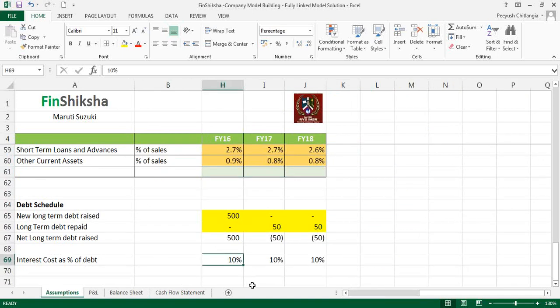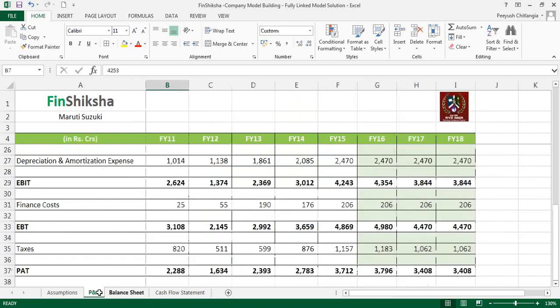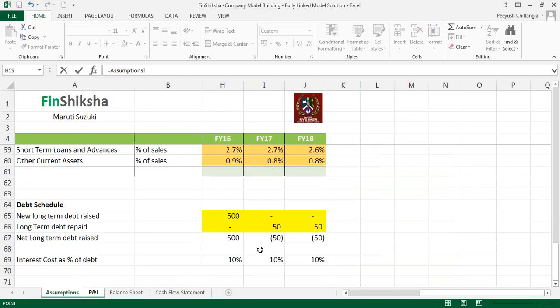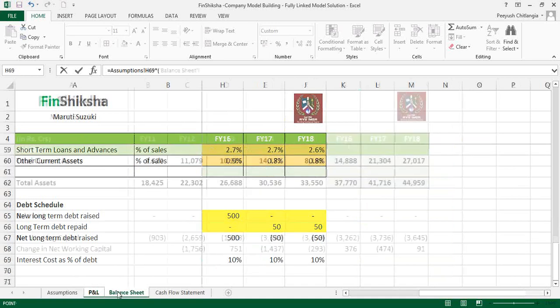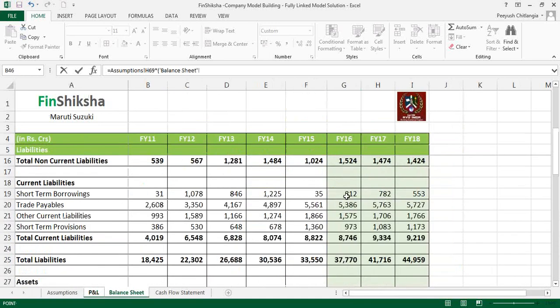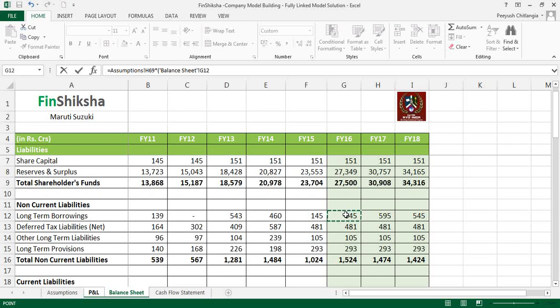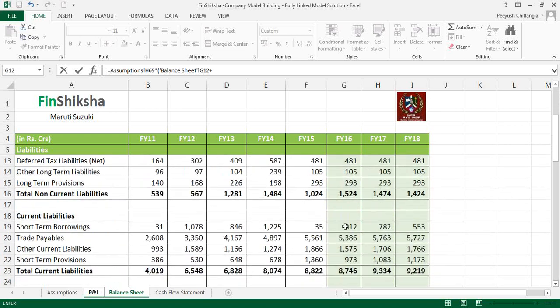Now let's look at interest cost as a percentage of debt as well. 10% multiplied by the debt. So here in the finance cost, I will take assumptions 10% multiplied by, remember interest cost is on both the long-term debt, which is 645, plus the short-term debt, which is 812 in our case, correct?